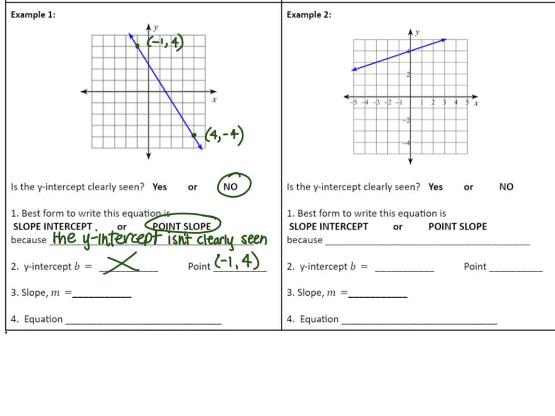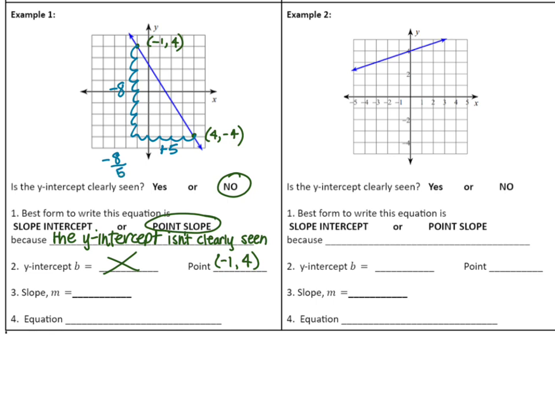I'm just going to count rise over run. I notice I'm going down, so my slope is going to be negative, down 8, and over 5. So my slope is negative 8 over 5.